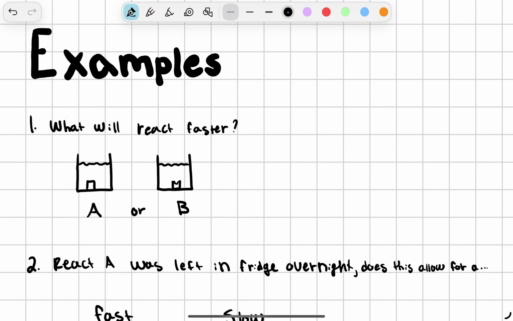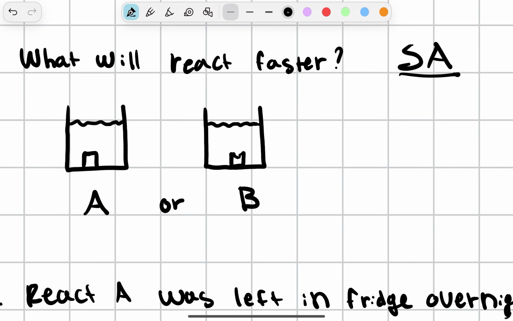First example, what will react faster? Well, this is a question of surface area. So which has increased surface area? This block or this block that has a bunch of rivets and dents in it?